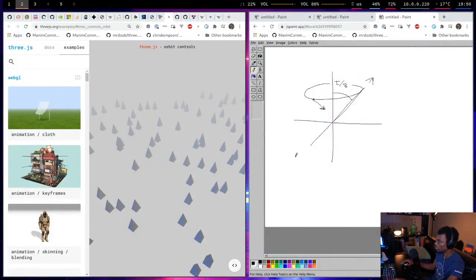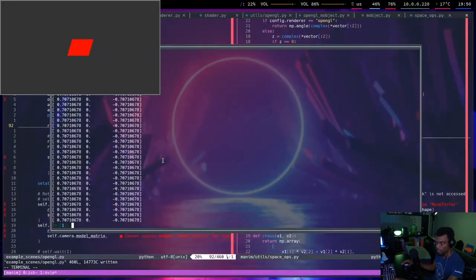So this is here, negative X. Here's Z. How does that make sense? It's a vector around here. Hold on.